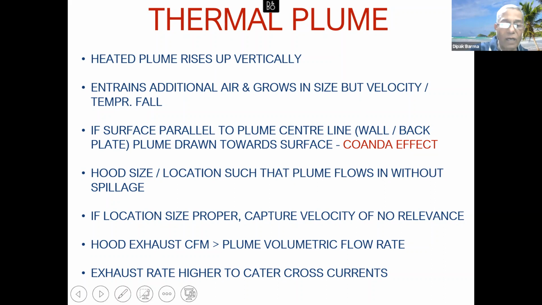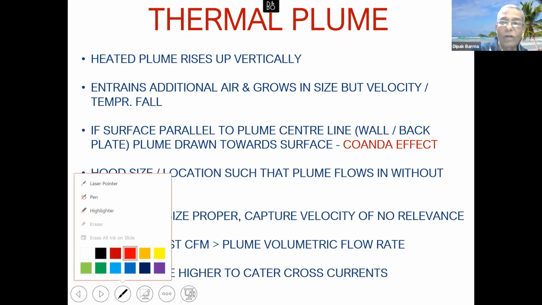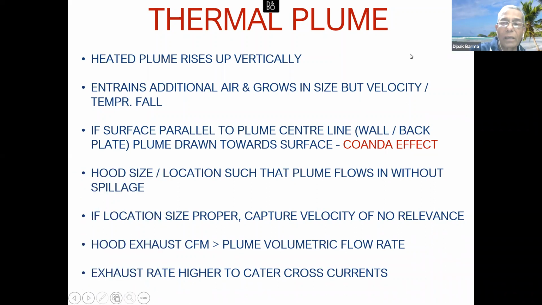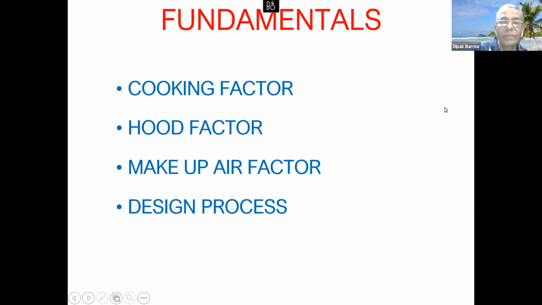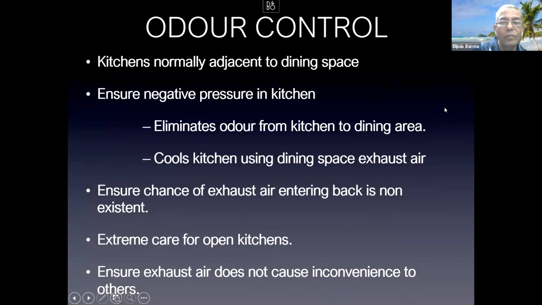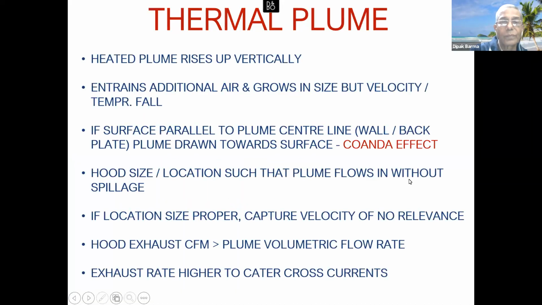So if you have a backplate, it actually draws the hot air towards it, which makes it easier for the plume to be captured in the hood, which we are putting over it.